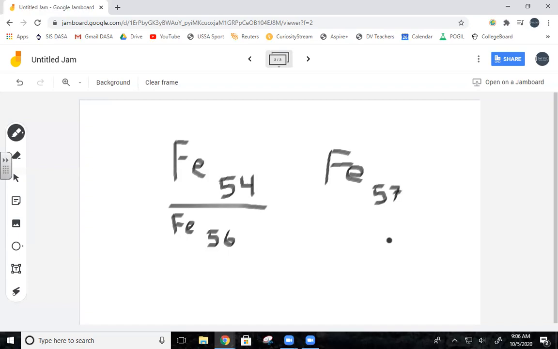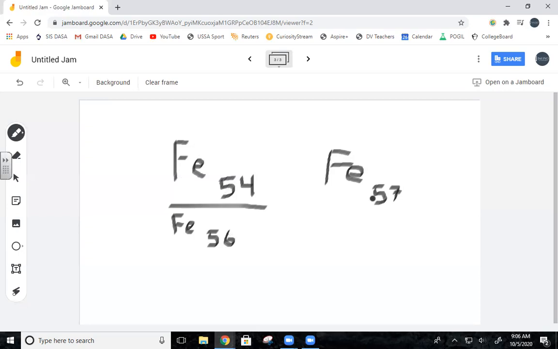Iron 57. So iron 54 accounts for about 5% of the isotopes. Iron 56 accounts for 91%, and iron 57 accounts for 2.12%. We'll come back to why that's important later, but these are the 3 common isotopes of iron: 54, 56, 57.